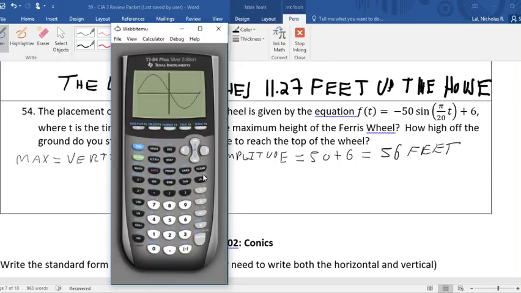Alright. If we change the window even more, if the x max becomes 50, we can really see what's going on. Alright, so the maximum height is 56, and another thing we can do is we can calc a maximum.